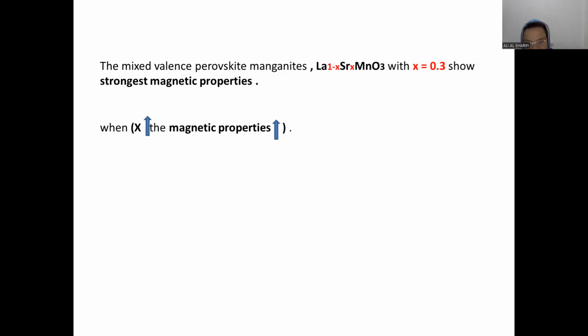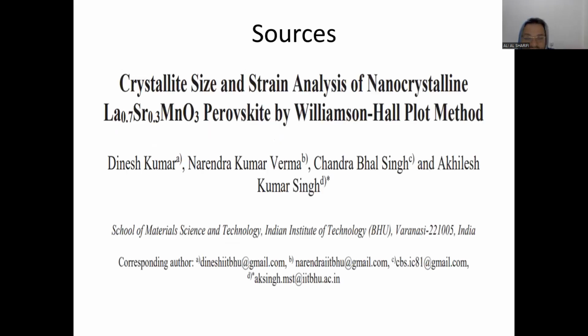After that, when increased to some amount, the salt will stop disappearing. That means we will benefit from this phenomenon, but only until a specific amount. Let's note that. Now, by increasing the doping rate, the magnetic properties will increase. Magnetic properties. That's it. Our lecture is done.